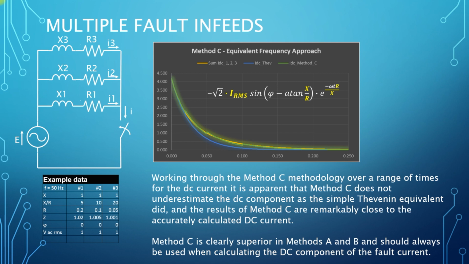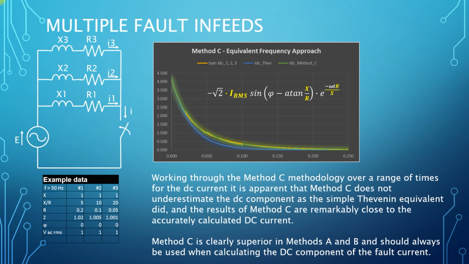So what this example shows is that when we apply method C, the green curve, we get a very, very close match to the theoretical curve that we calculated using the differential equations.